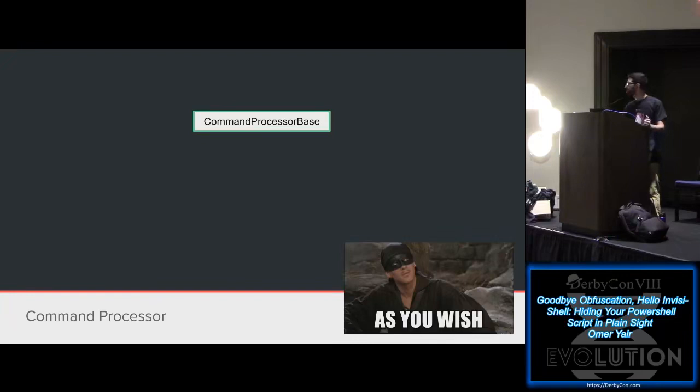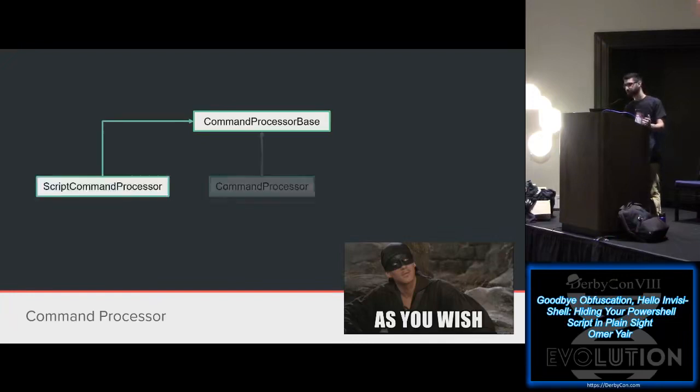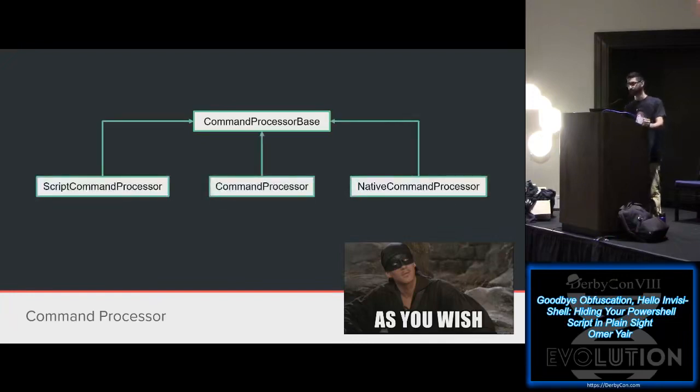The command processor is actually a base class that has three classes that inherit from it: a script command processor, which runs actual scripts; the command processor, which runs C# compiled cmdlets; and the native command processor, which runs processes. There's another class, DLR script command, which is the class that makes all the implementation of the script command.